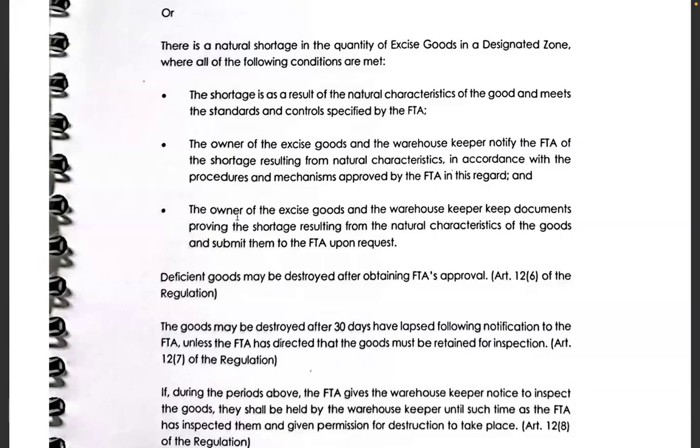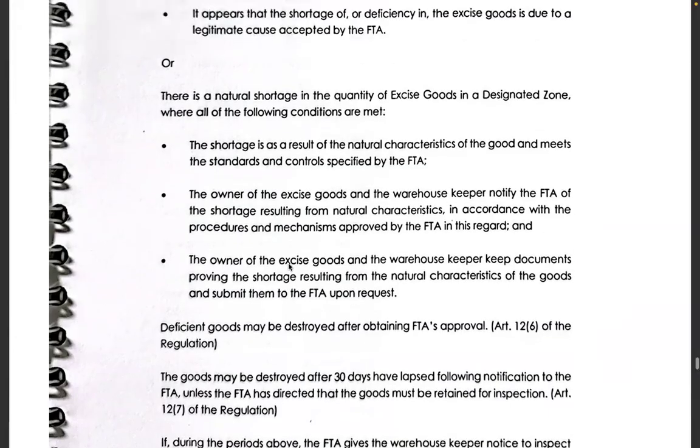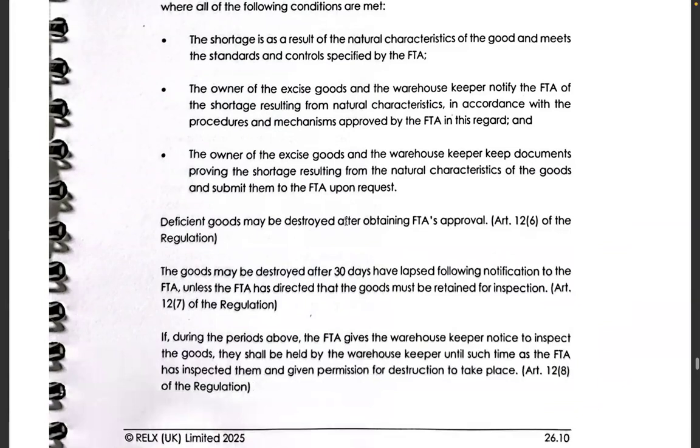Let's read the last one again. So basically, it's a very transparent way of presenting the evidence that the shortage or deficiency is because of natural causes, natural characteristics.